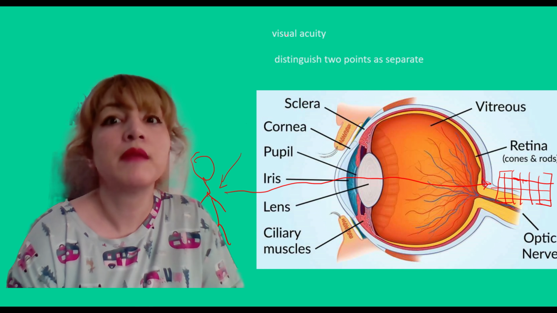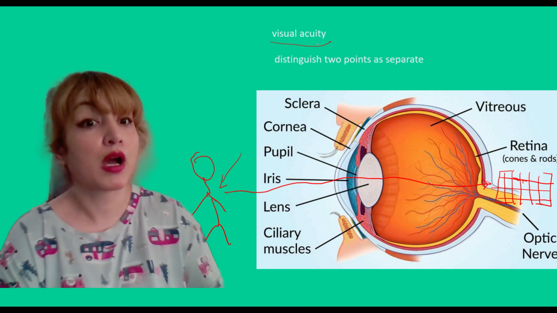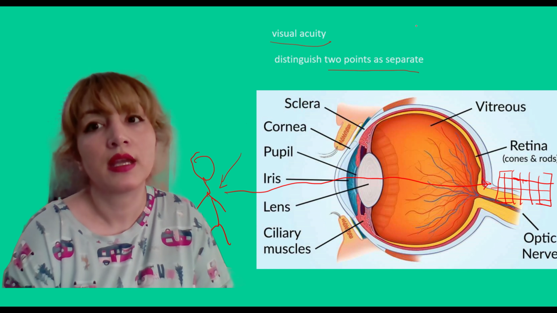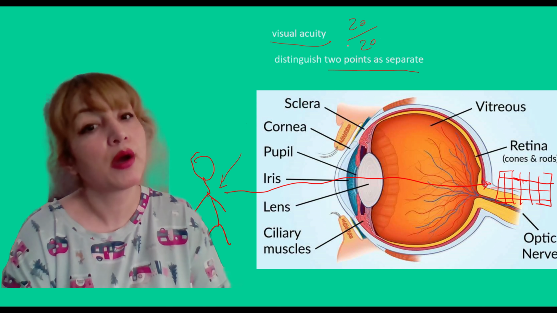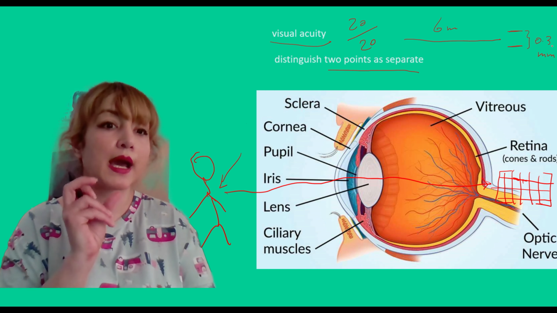There is a metric called visual acuity to measure a person's eye resolution, or the ability to distinguish two points as separate. Based on that, a person who has 20 out of 20 vision at a distance of 6 meters can identify a 0.3 millimeter gap.